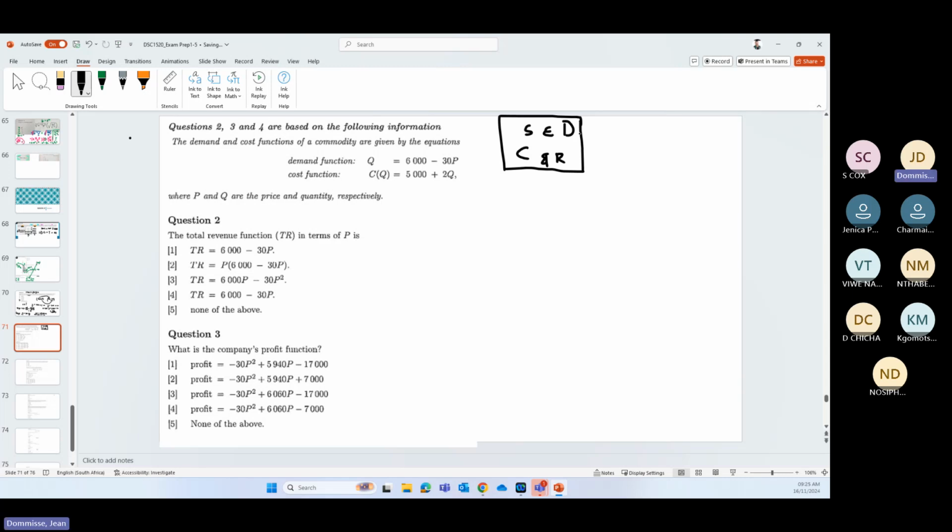They will say you've got a demand with a supply, and then you need to work out something. So this is quite interesting. They give us a demand function, they give us a cost function. Then they tell us with a price and Q of a price and quantity respectively. Work out the total revenue function in terms of price.